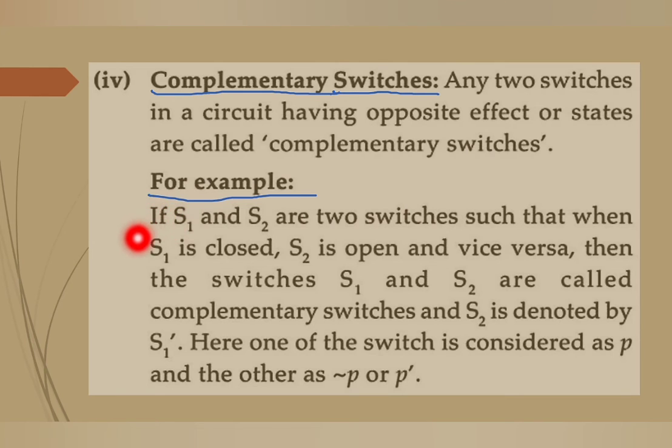For example, if S1 and S2 are two switches such that when S1 is closed S2 is open, and vice versa, then switches S1 and S2 are called complementary switches and S2 is denoted by S1 dash. Here one of the switches is considered as P and the other as negation P or P dash. Remember, these are complementary switches.